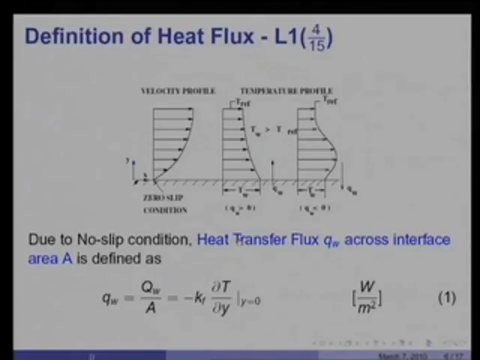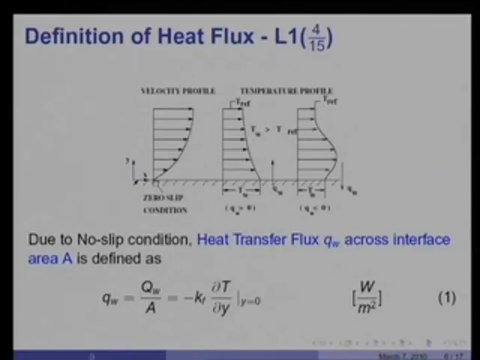We define heat transfer flux suffix QW across interface area A as QW equal to the total heat transfer QW in joules per second divided by area, and therefore has units of watts per meter square.